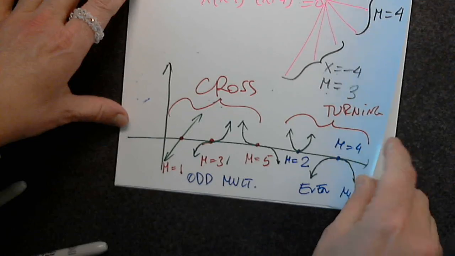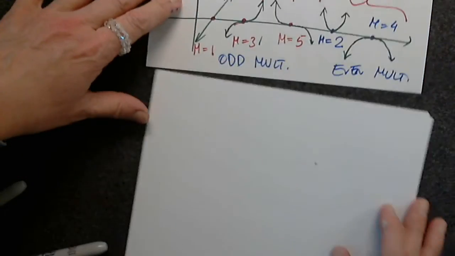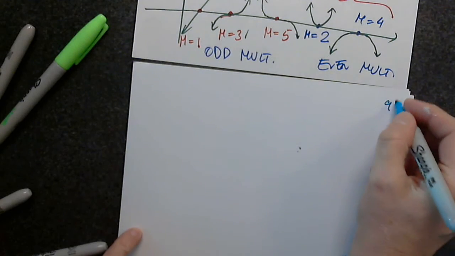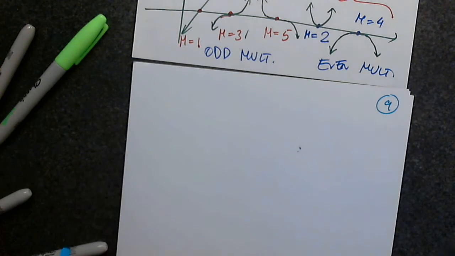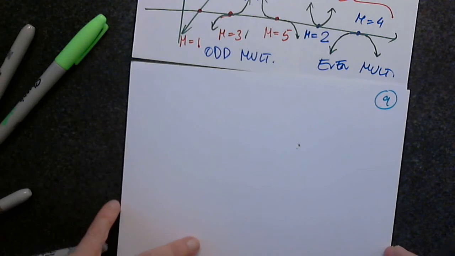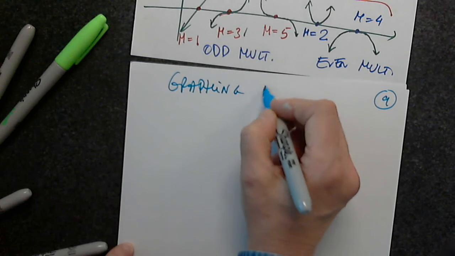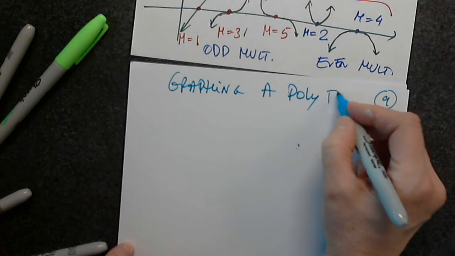And now we can start graphing those functions. We know nothing about graphing them yet. But here's a list of items to look at or determine when we graph a polynomial function.